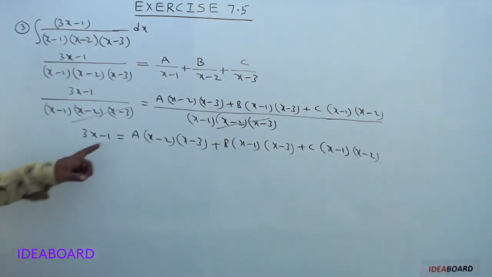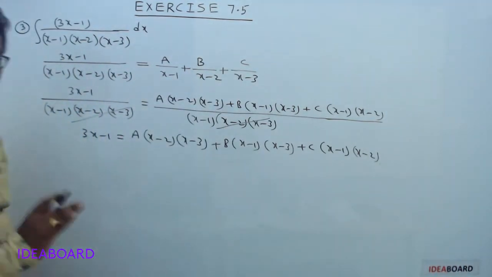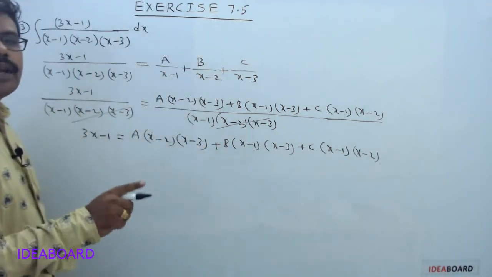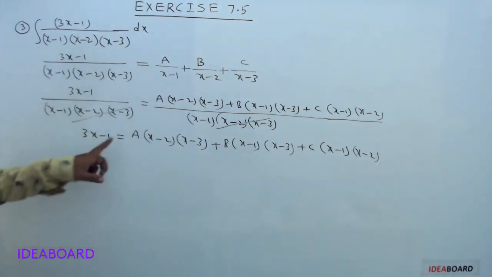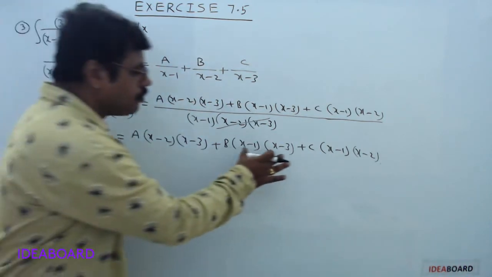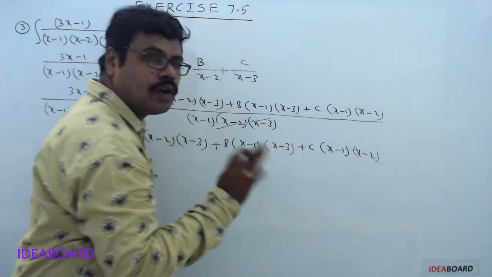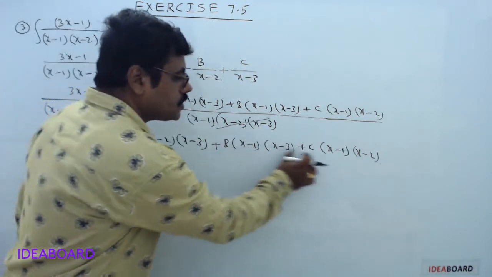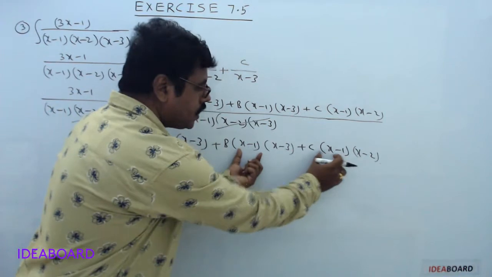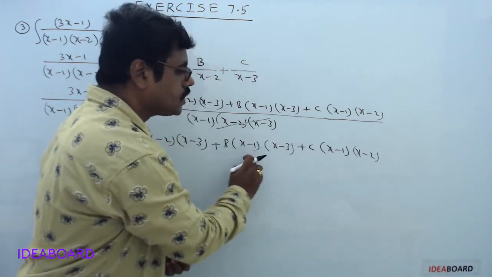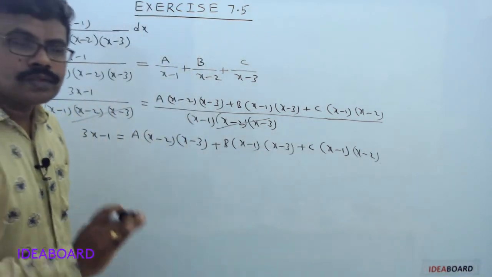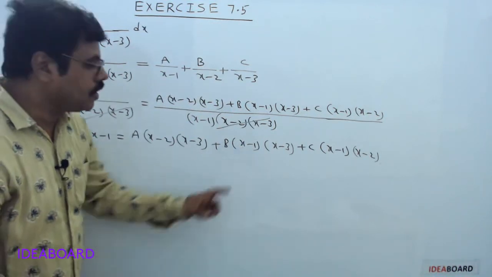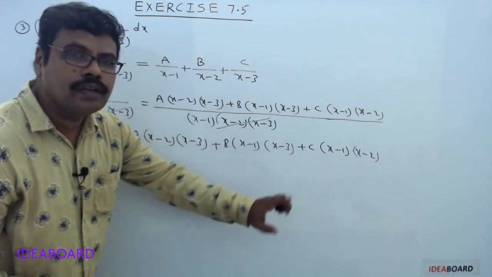To find the value of A, make the second and third terms 0 simultaneously. Observe that x minus 1 is the common factor to the second and third terms. So, by substituting x equal to 1, automatically the second and third terms are 0.